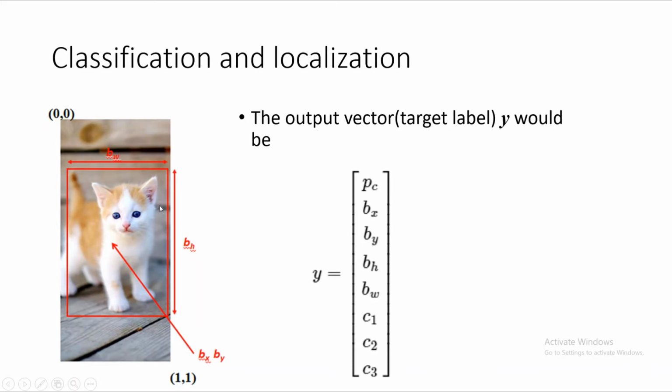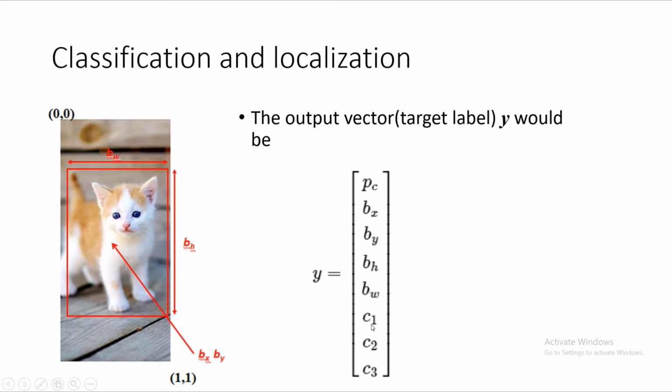And now before we go further, let's see how we define the target label Y. Once we get these variables, we can define the target label, Y, and the output vector Y would look like this.